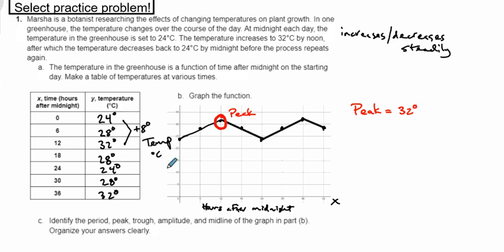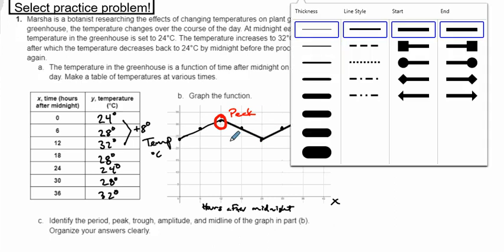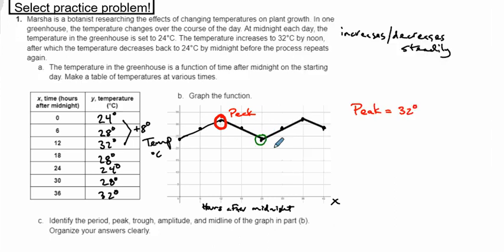That's our y, our height, which is our temperature. For your trough, that's going to be your lowest point, right here. So I would write trough: that's your lowest point, 24 degrees. And that's always at midnight.